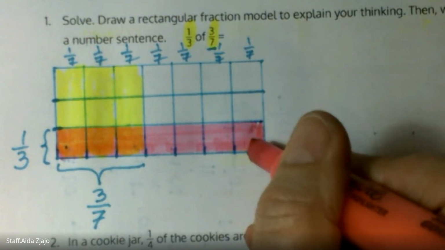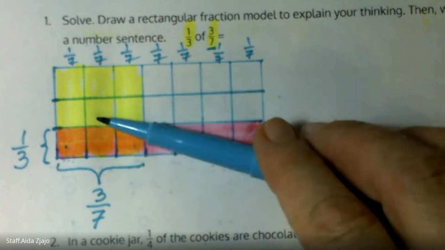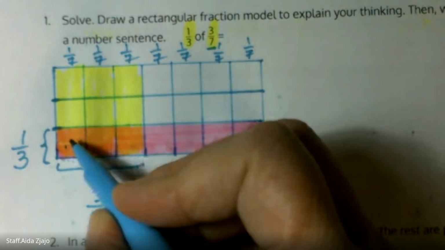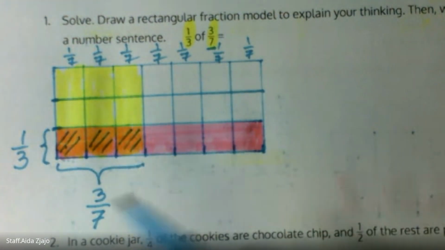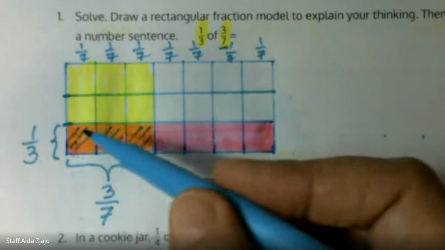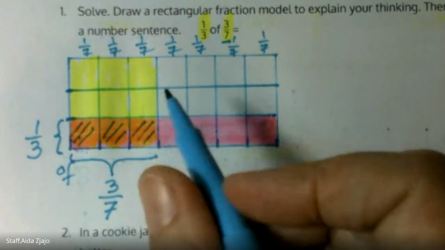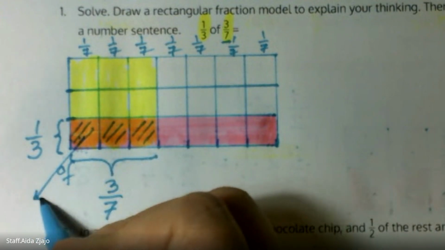It's kind of orange. When you mix yellow and pink, you get orange. And this is the answer. This is our answer.